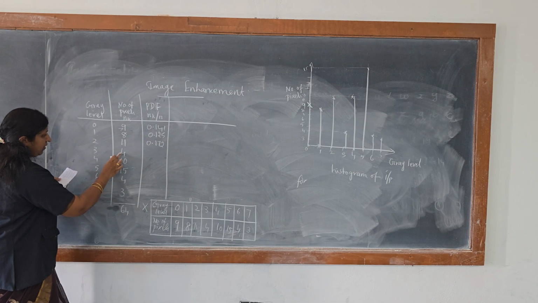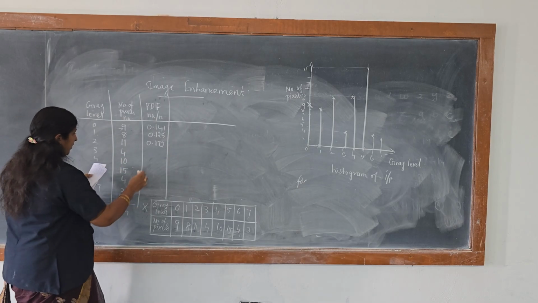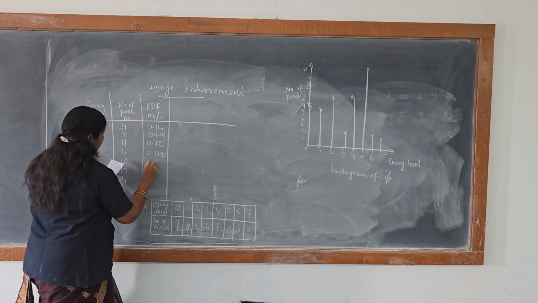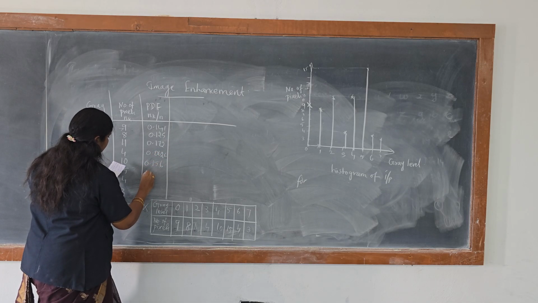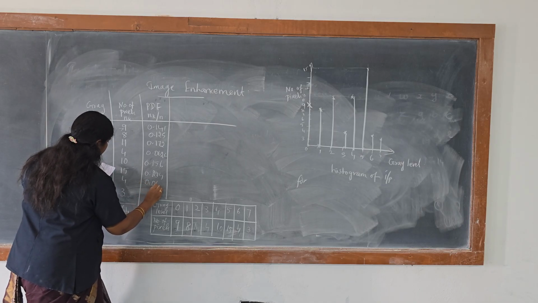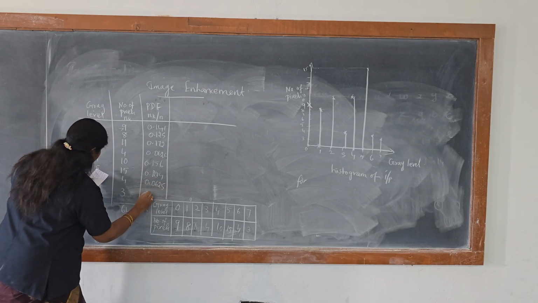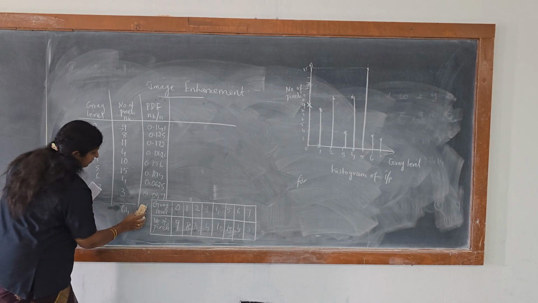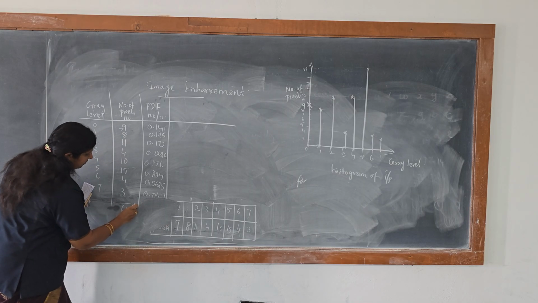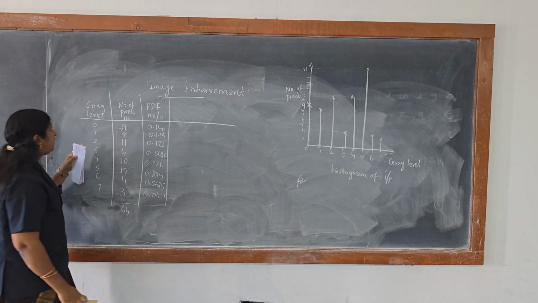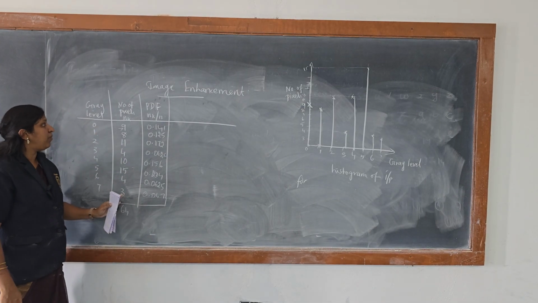And similarly, if you divide all these values by 64, you will get these values: 0.0625, 0.156, 0.1234, then 0.0625, and finally 0.047. So we don't need this table anymore because we know the values of gray level and number of pixels.